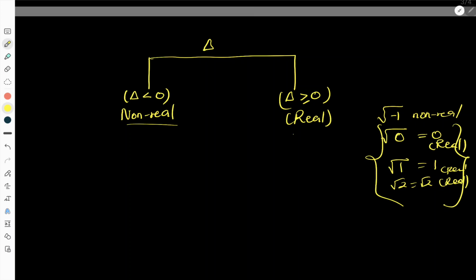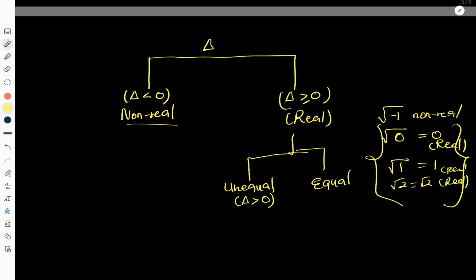Good? But now under real roots, it will branch into 2. We mentioned unequal roots. We also mentioned equal roots. Now, unequal is when your delta is only bigger than 0. It doesn't matter, when your delta is bigger than 0, you will get two different solutions.